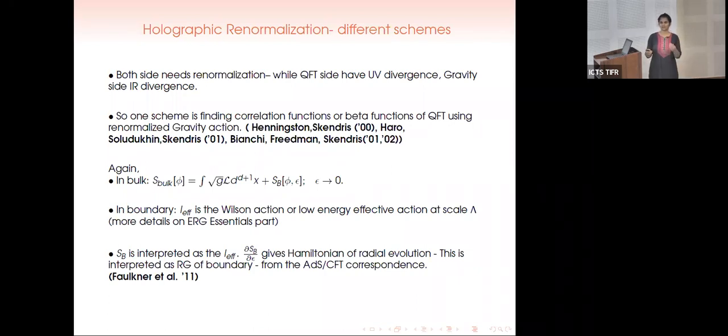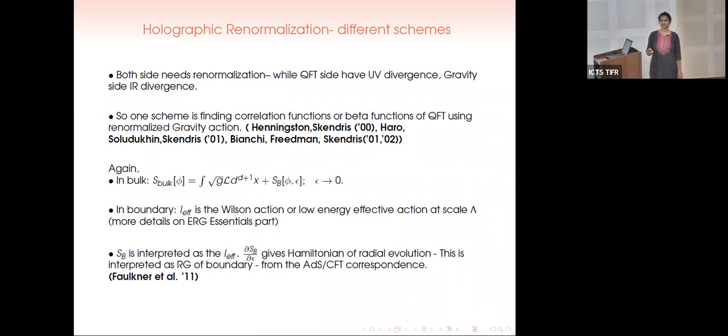One can see that as a boundary state where the modes with z less than epsilon have been integrated out. I'll come back to this picture in the next slide. On the boundary, on the other hand, I_effective is the Wilson action or low energy effective action at scale lambda. We'll see these details in the ERG part. So in this paper, they interpret this S_B as I_effective.